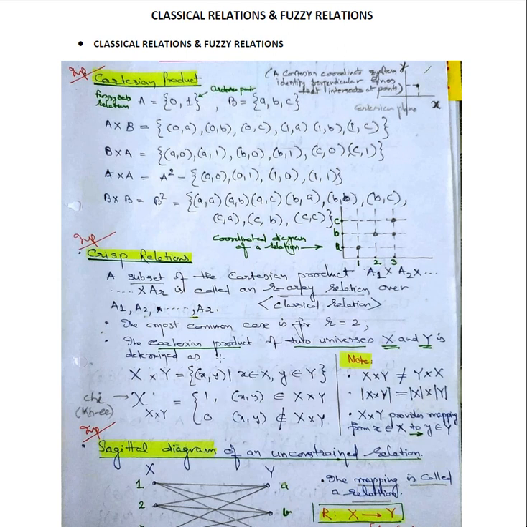Now coming to crisp relations. Crisp relations give the relations with respect to a number of sets, A1, A2, A3, where different sets are given and each set maps to another set; that is called an n-ary relation.